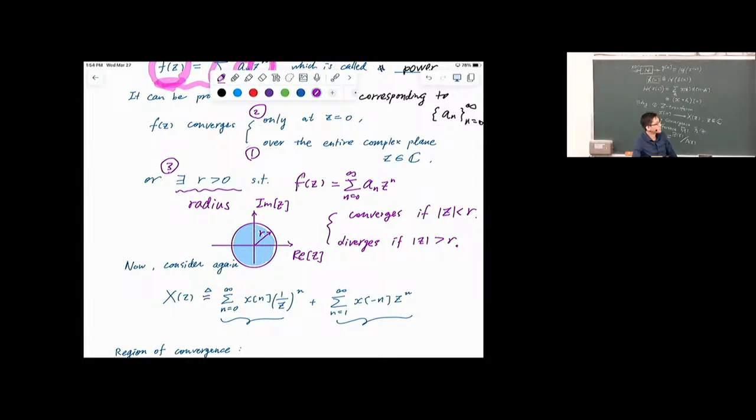The first funny thing is that the theorem does not tell us what happens right on the circle. It tells us that inside the series converges and outside it diverges. So it does not and cannot guarantee what will happen right on that circle with radius r.